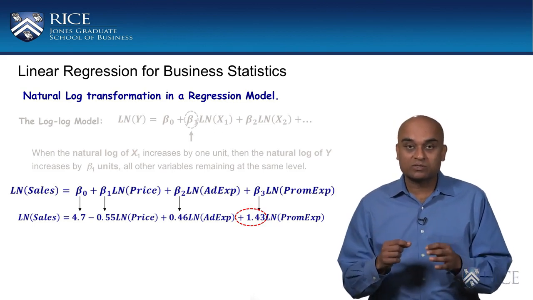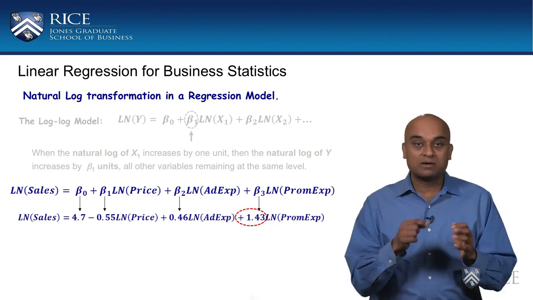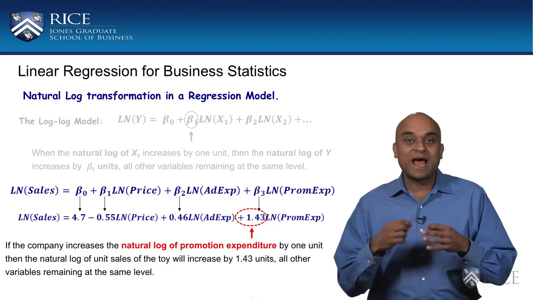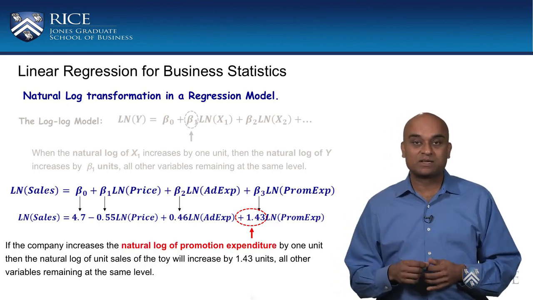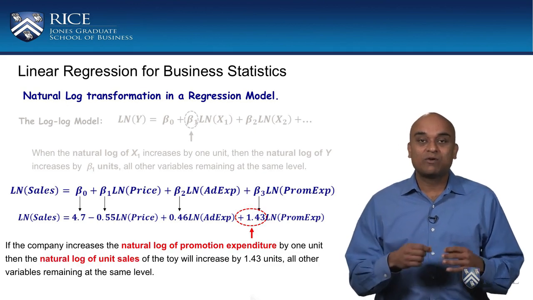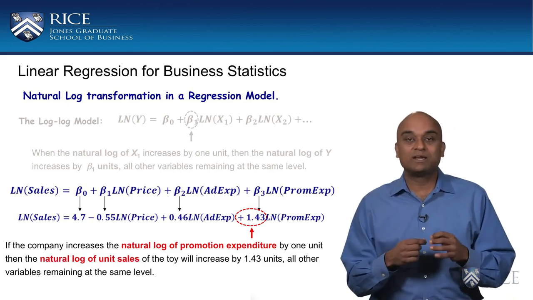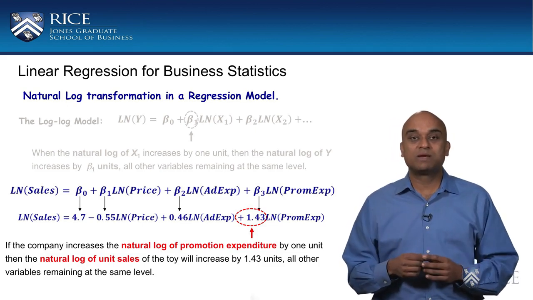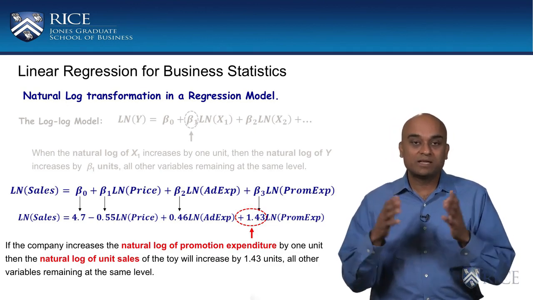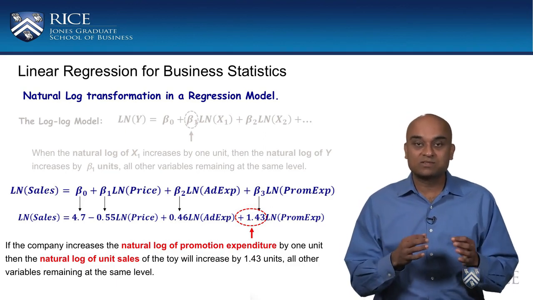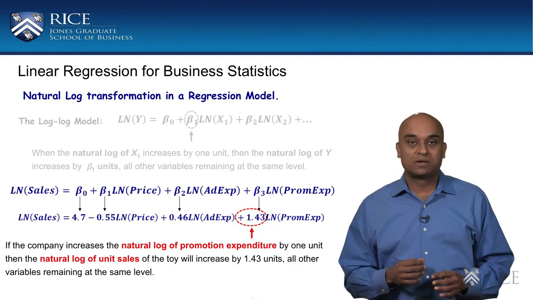It may be difficult to understand for your boss if you tell him or her that if the company increases the natural log of promotion expenditures by 1 unit, then the natural log of unit sales of the toy will increase by 1.43 units, all other variables remaining at the same level. There is nothing wrong in this interpretation, just that it is difficult to make sense of and act upon.